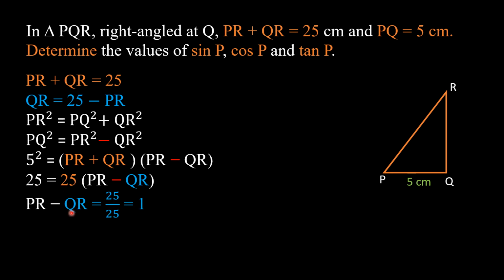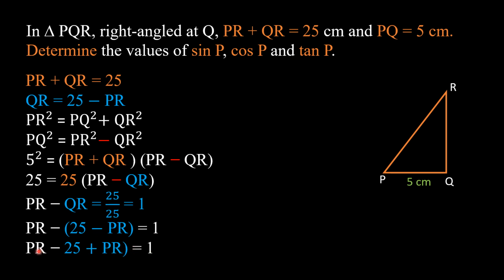Now we have QR equals 25 minus PR. So we will substitute here PR minus 25 minus PR equals 1. That is PR minus 25, minus becomes plus PR equals 1.